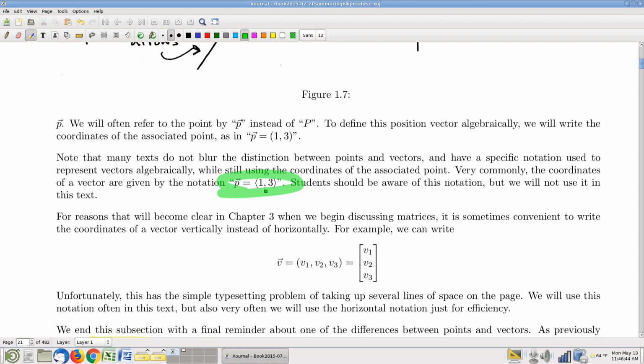Triangular braces mean find that point, look at the vector associated to that point. That's what this vector P is. Right? So you can do that if you like. Some books do. Some books don't. This book does not, most of the time. It's just that in this context, the distinction is always, I think, clear as to whether you're talking about the point or the vector. Okay.